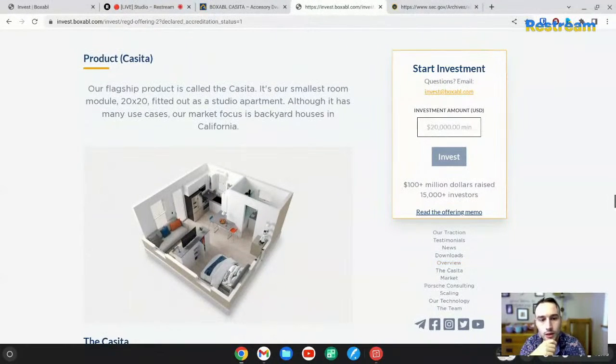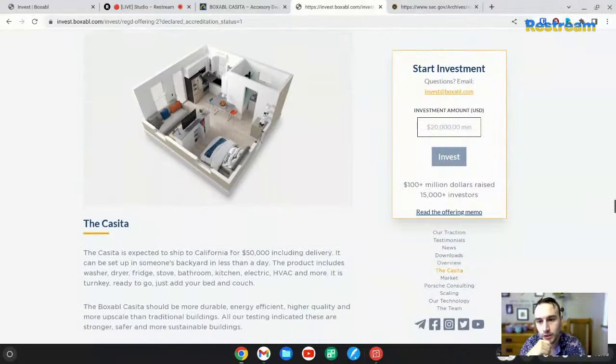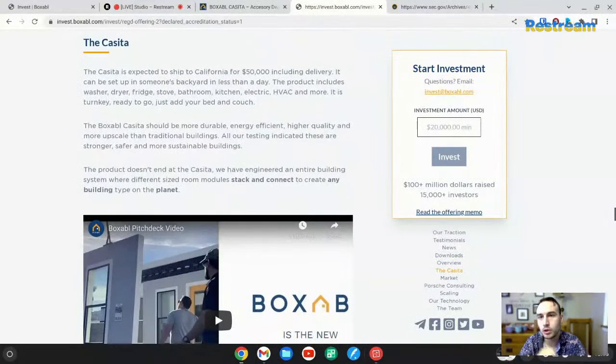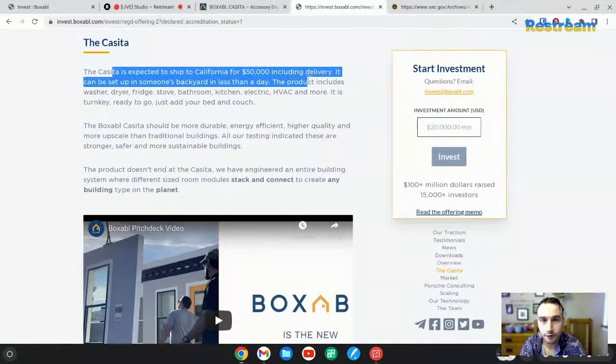I noticed that we haven't seen the founder's face so far. It would be good to see the founder and hear them talk about their product when raising money. Okay, the casita is priced at $50K, including delivery. Very affordable.